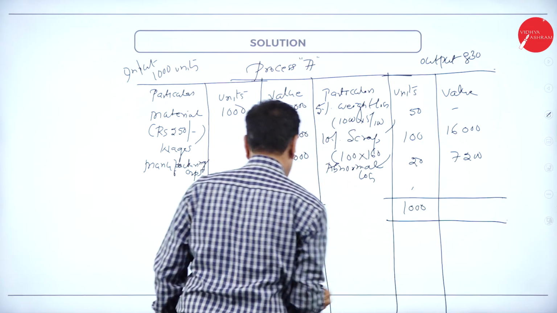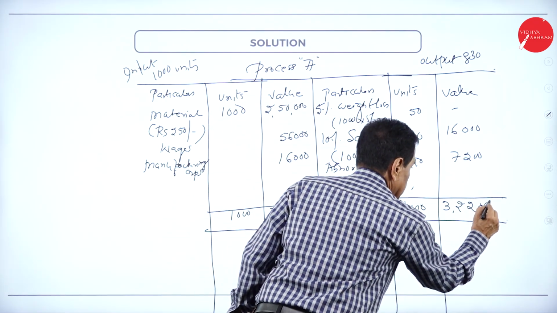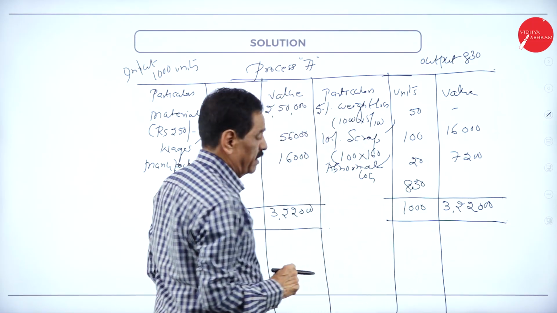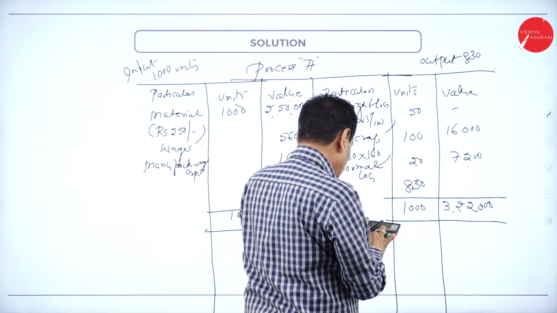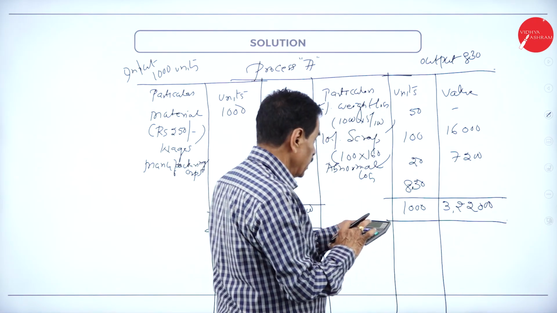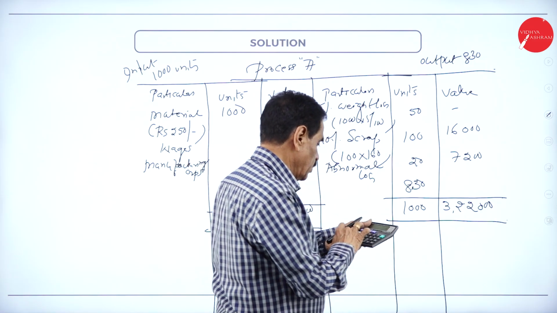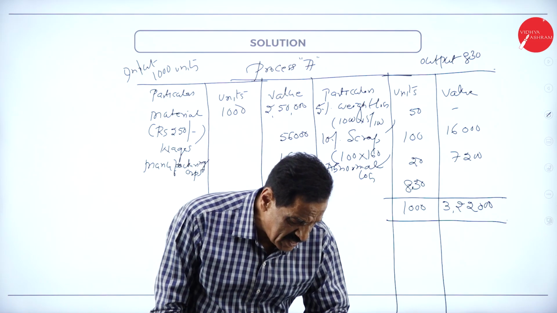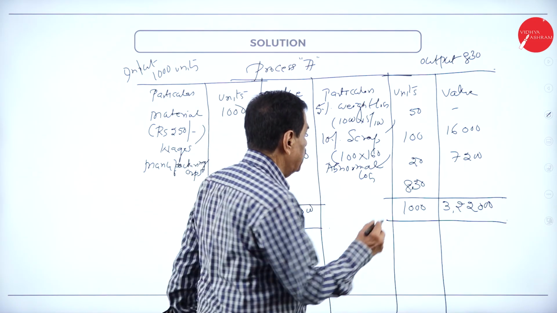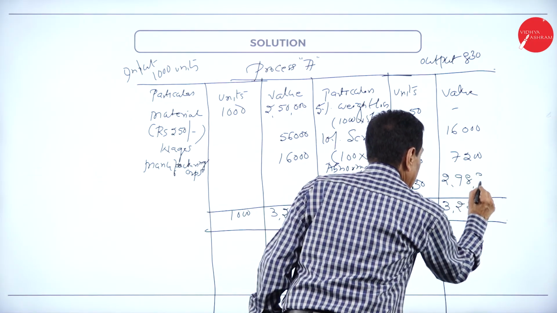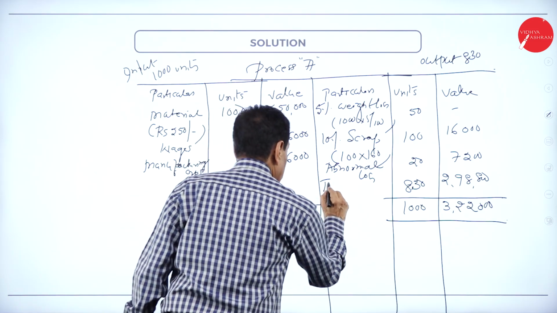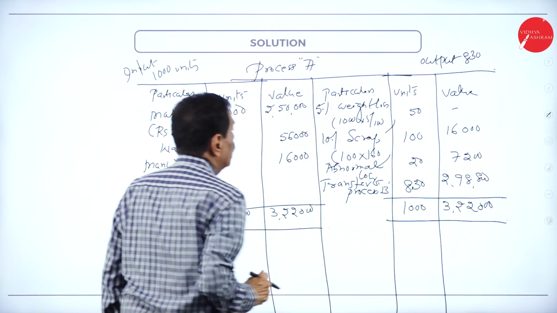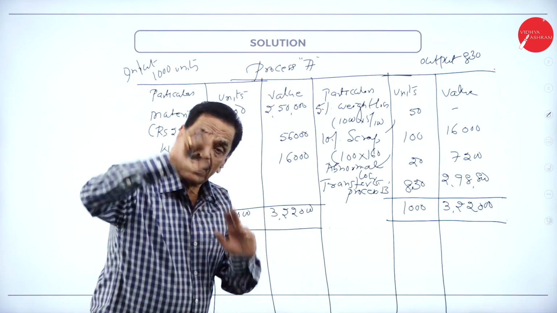This is 1000 units. This is 3,22,000. Then 830 units. Deduct from 3,22,000 the 7,200 and the 16,000. It is 2,98,800, transferred to process B. The finished product, whatever comes, becomes the input for the next process.